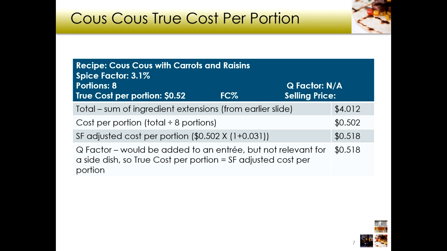It's not an entree. This might be a recipe we would use to calculate Q factor, or one of the ones that would be a choice for somebody. Maybe they had a choice of a hamburger with couscous salad, right? And or fries, right? So this may be one of our values of our recipes for our add-ins that we would be considering to see if that was part of our Q factor or not. Was it the most expensive option, right? But in the case for couscous, it's just straight recipe. It's 52 cents per portion, okay?